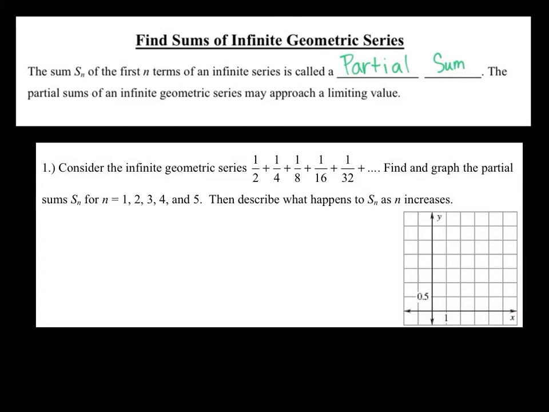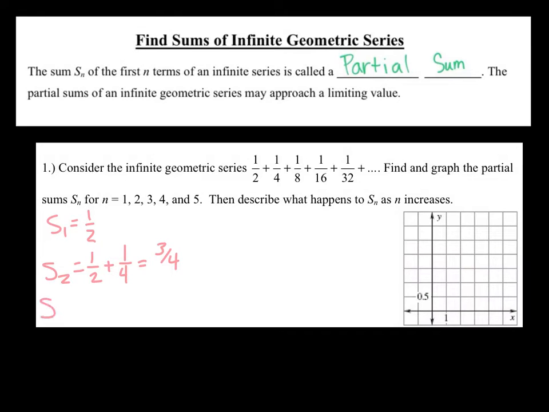So, your sum for the first term is simply going to be 1/2. The sum of your first two terms is 1/2 plus 1/4, first term plus second term, which equals 3/4, and all of these will be reduced.